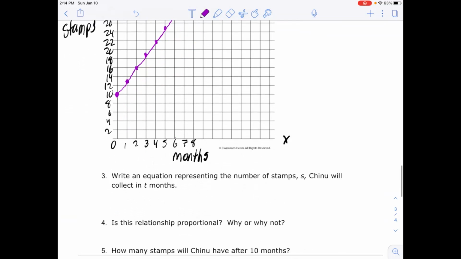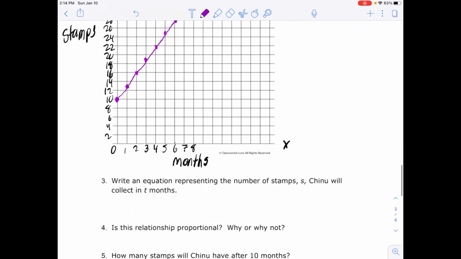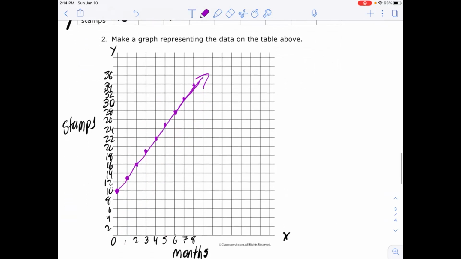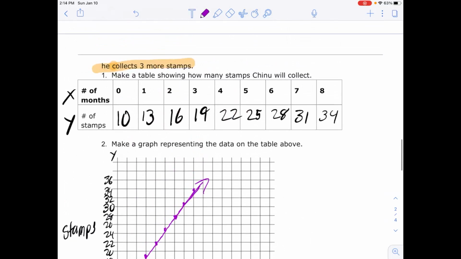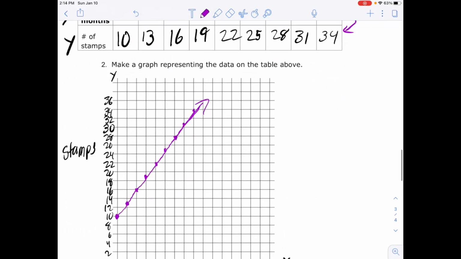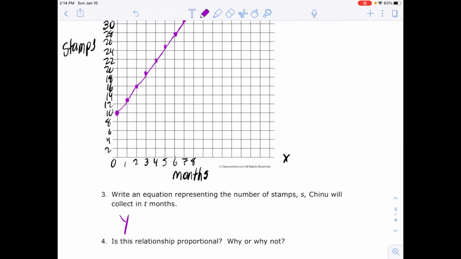That leads me to the equation, and this equation is a little trickier. So the way we think about this, again, is how are we here? So my y in this case will equal my starting place, which is 10, plus my rate times x.